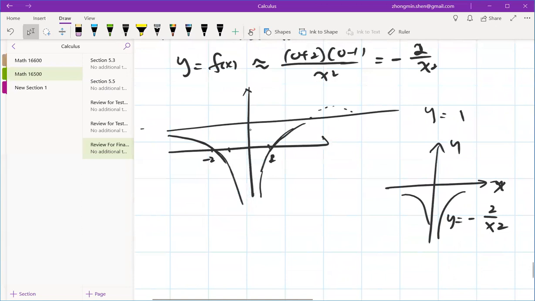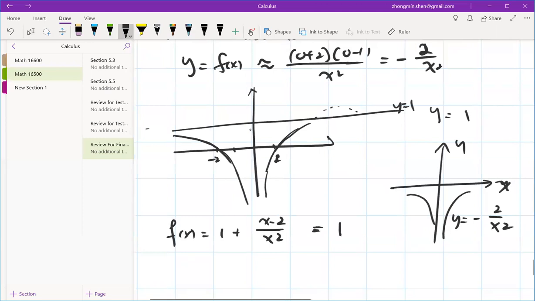Okay, let's go back to the function. So do you think this graph has an intersection with the horizontal asymptote y equals 1, and where if it does? In order to see if it has an intersection point, just set it to be 1, right?